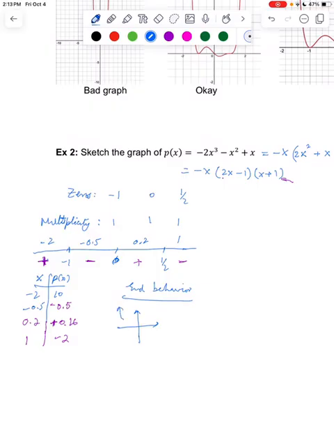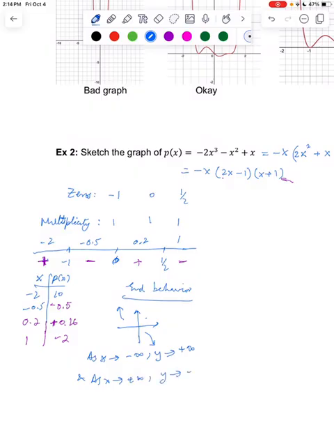And on the right hand side, as you keep taking bigger and bigger x values, the y gives us bigger and bigger negative values. So our function is going like that. Or you can say as x goes to minus infinity, y goes to plus infinity, and as x goes to plus infinity, y goes to negative infinity.